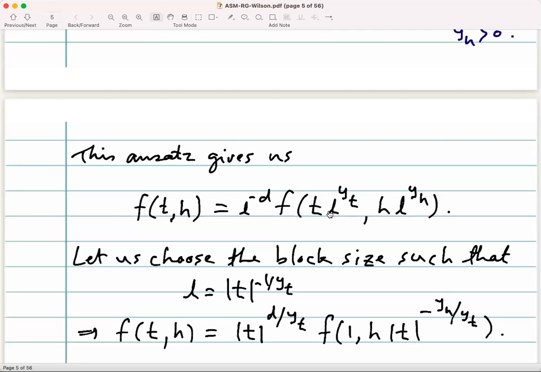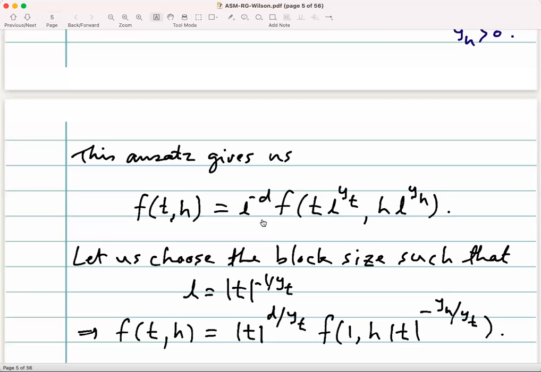This is something we did earlier: if you have a convex function f of x, y, z, and so on, and you take lambda x, lambda y, lambda z, then it would be written as lambda to the, say, minus d or plus d, times f of x, y, z. Then you could divide the whole thing by x and write down a function of 1, y by x, z by x, and so on. We will do the same kind of thing here.